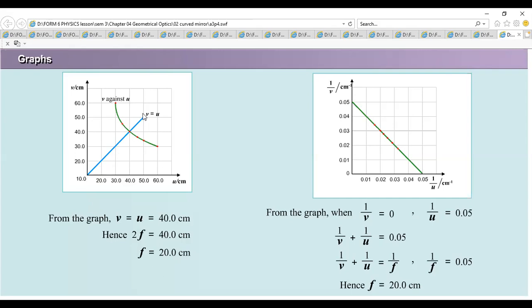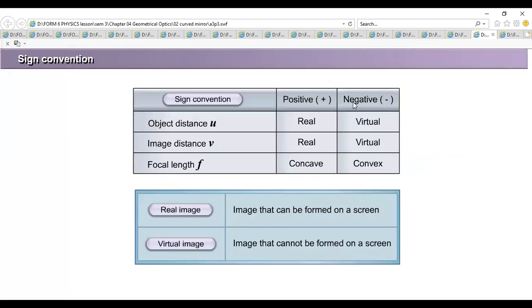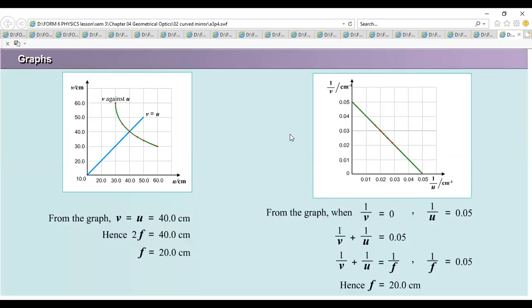So from here, V equal to U is equal to 40. We also can get that from the relationship. Why V equal to U? Because when V equals U, the linear magnification will be equal to 1.